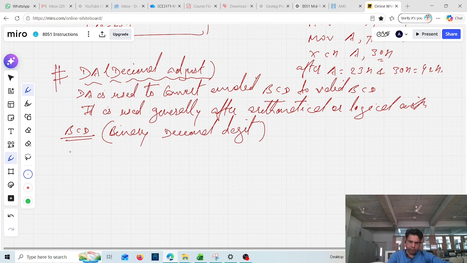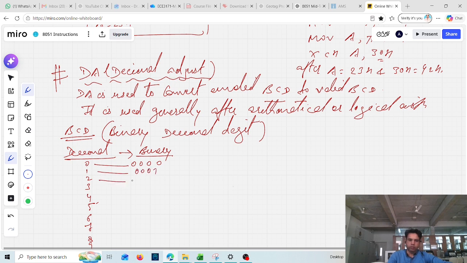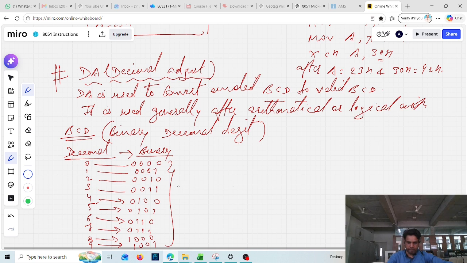Now, you know the decimal numbers 0 to 9 have binary codes: 0 is written 0000, 1 is 0001, 2 is 0010, 3 is 0011, 4 is 0100, 5 is 0101, 6 is 0110, 7 is 0111, 8 is 1000, and 9 is 1001. These are the binary codes for the decimal digits. So BCD is the value for 0 to 9.